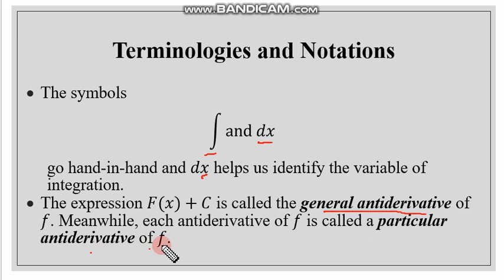So each antiderivative is a particular antiderivative, while if we put plus c, that's the general antiderivative. So we always answer in the general antiderivative, because again the antiderivative is not unique. We always put plus c to emphasize that there are some values of a certain constant that are also possible to get the derivative of the antiderivative of the function.